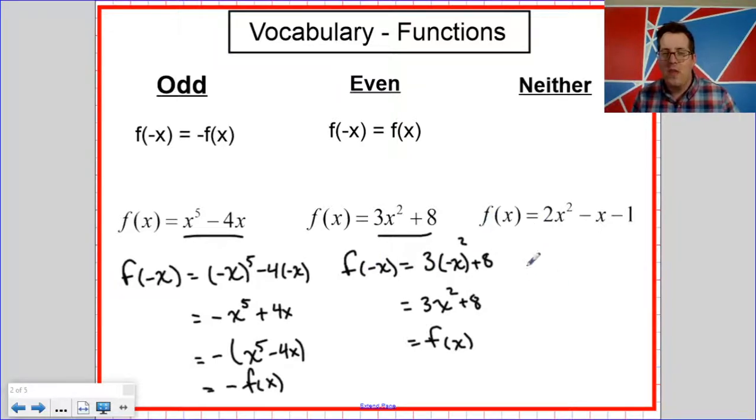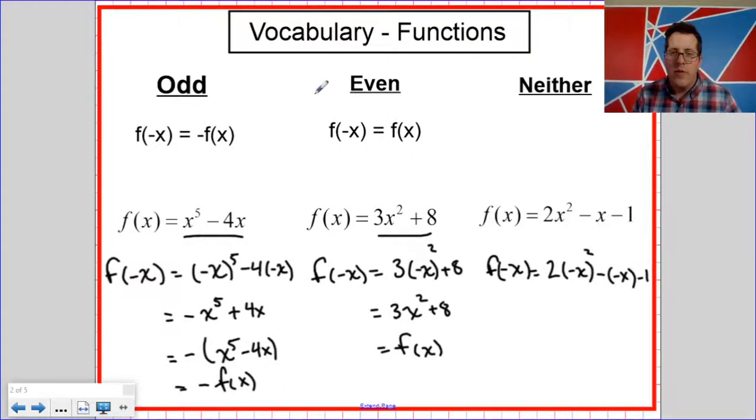For a function that is neither even nor odd, when you plug in the opposite of x, you will notice that neither one of those things happens. For this particular example, we'll see that the negative 1 inside the parentheses on the squared term, the opposite of x times the opposite of x, does cancel out and go away.